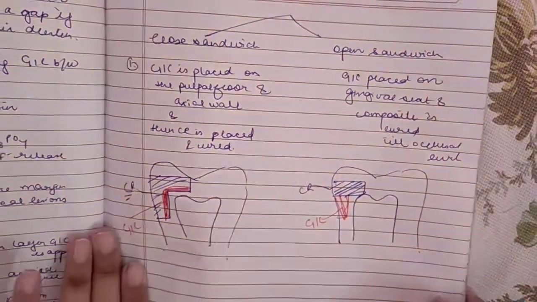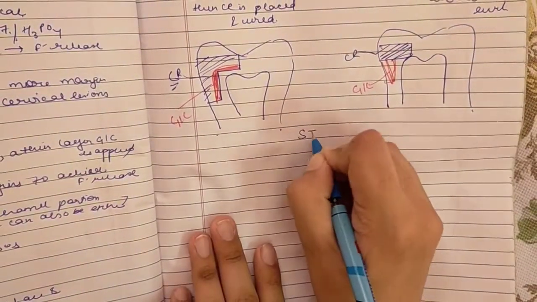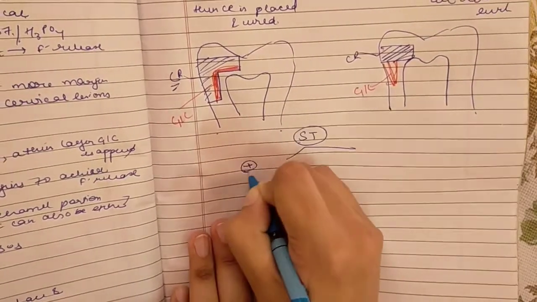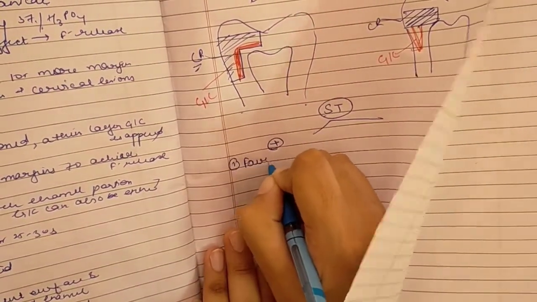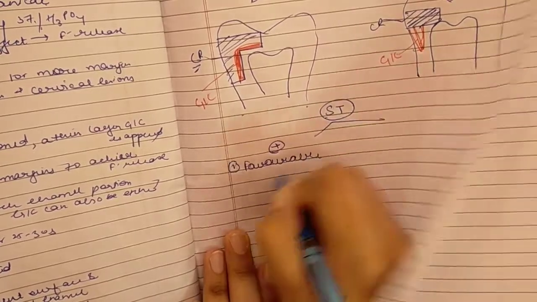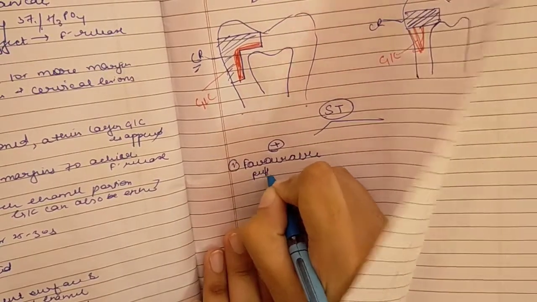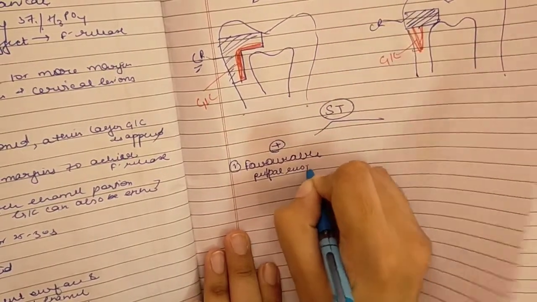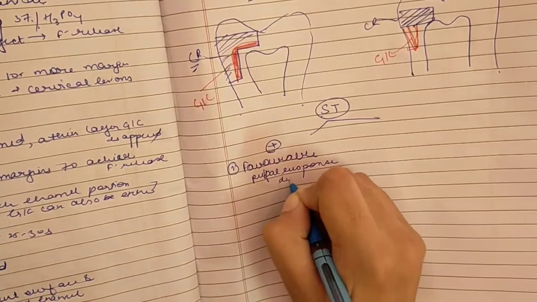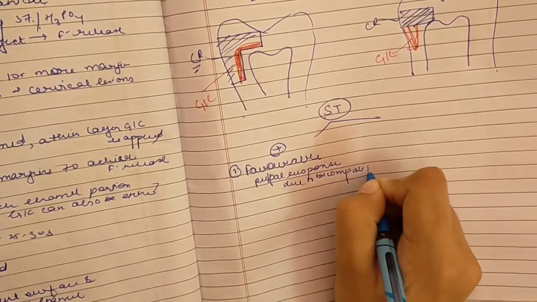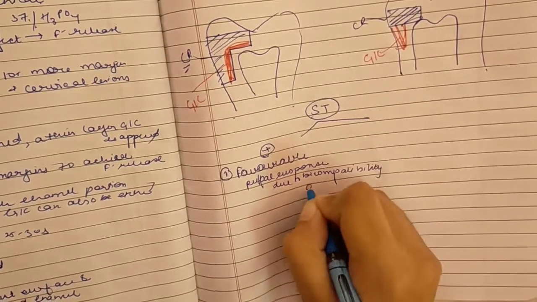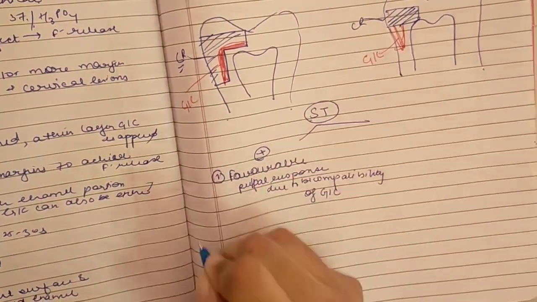Now what are the advantages and the disadvantages of the sandwich technique? The advantage is that it shows a favorable pulpal response due to biocompatibility of GIC. GIC is a very biocompatible cement.